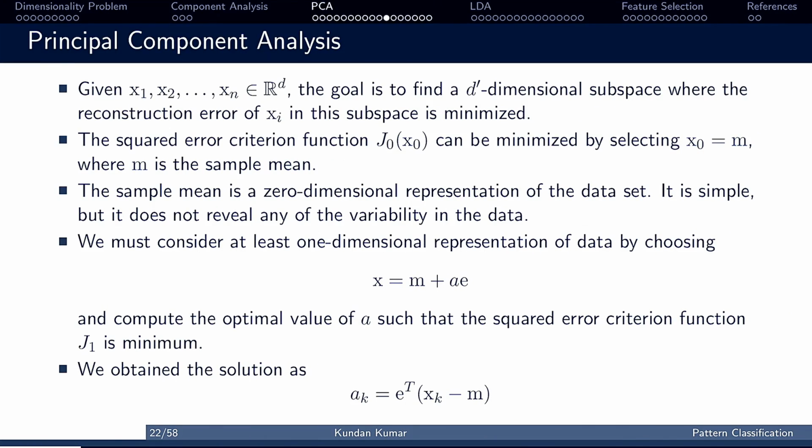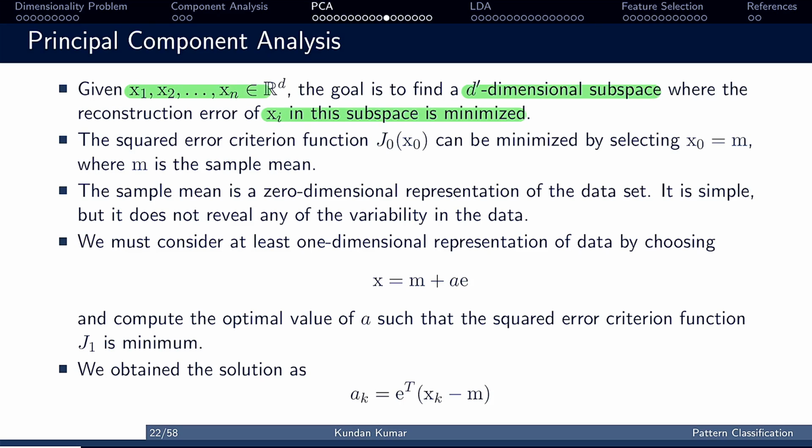So, in previous lectures, we were discussing principal component analysis for feature dimensionality reduction. We saw that for a given set of feature vectors in d-dimensional feature space, we were looking for a d'-dimensional subspace where the reconstruction error of xi in the subspace is minimized.